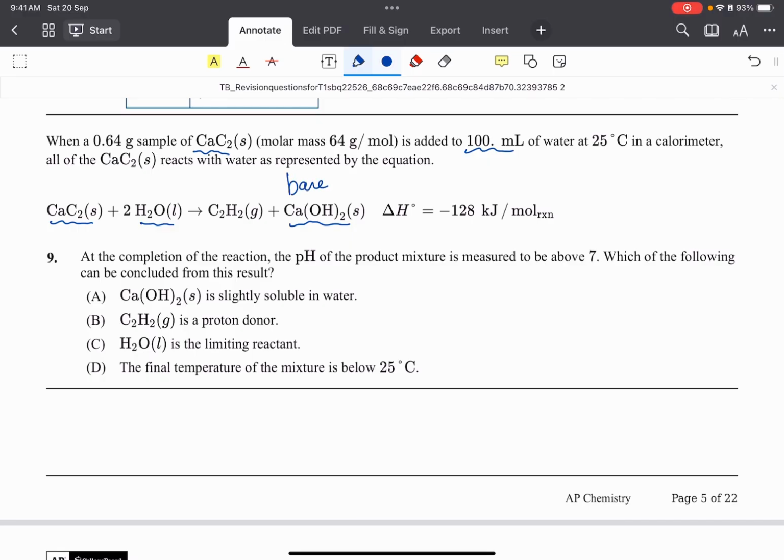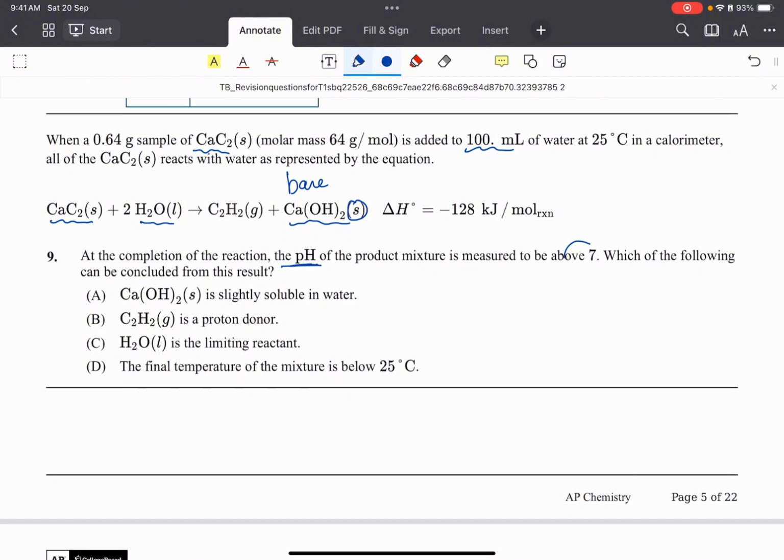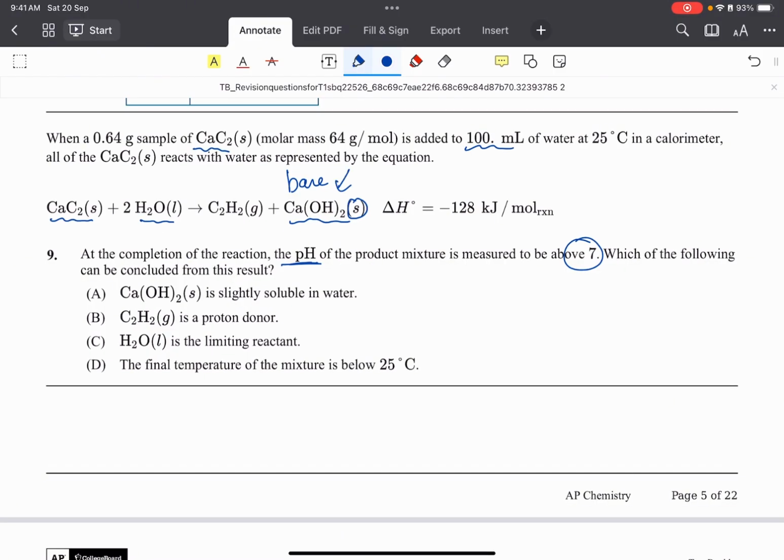Now this is a base, but so far it's solid. It did not dissolve yet. At the completion of the reaction, the pH of the product mixture is showing base. Okay, which means the basicity of this solution is gonna come from this one.